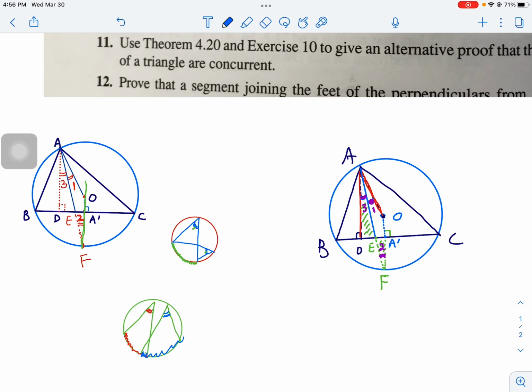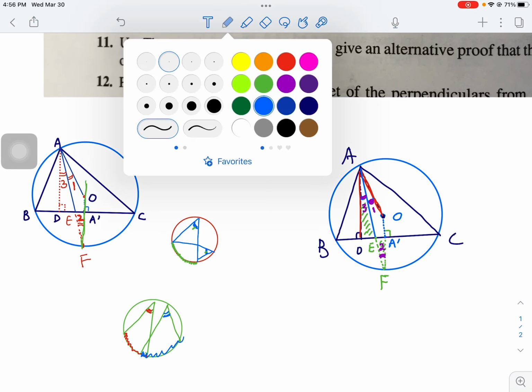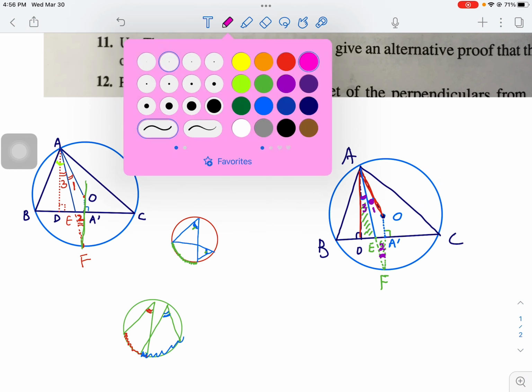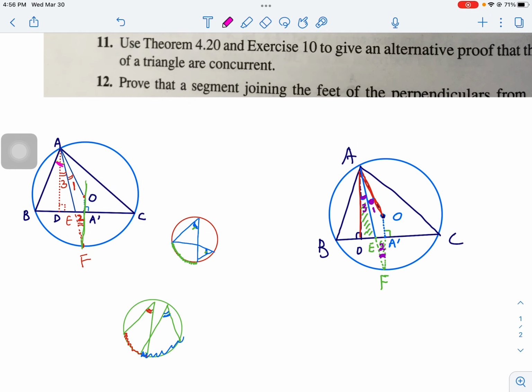Now let's look at how we use this fact to show that F is equidistant to B and C. First of all, you already know that this is the angle bisector, right? Therefore, these two angles have to be equal. This is a different color here: this pink angle and this pink angle are equal.